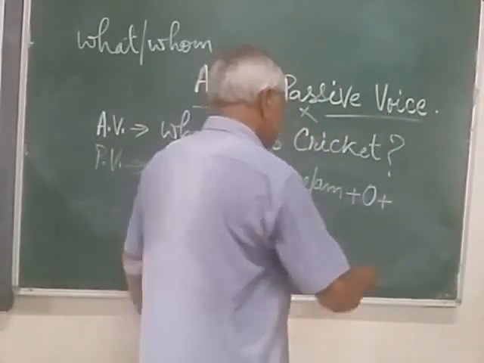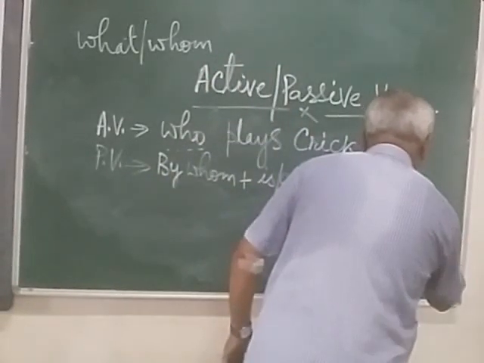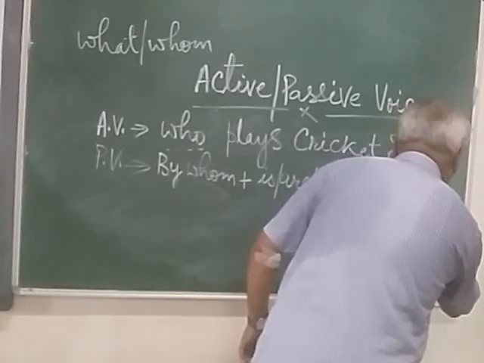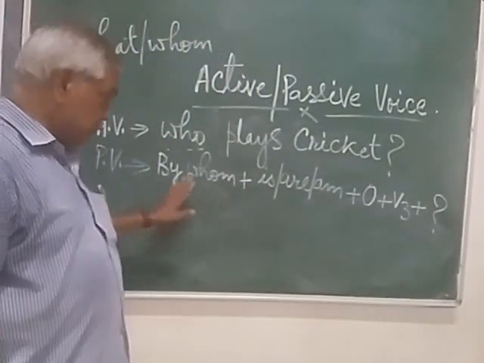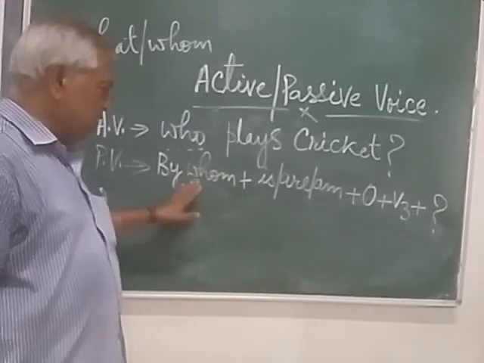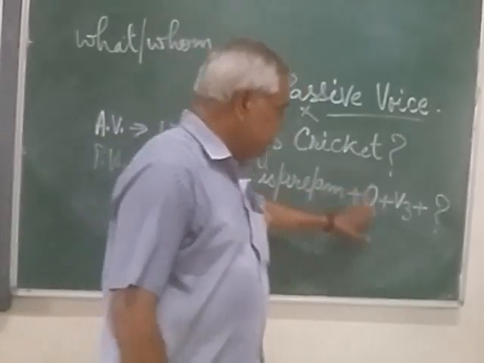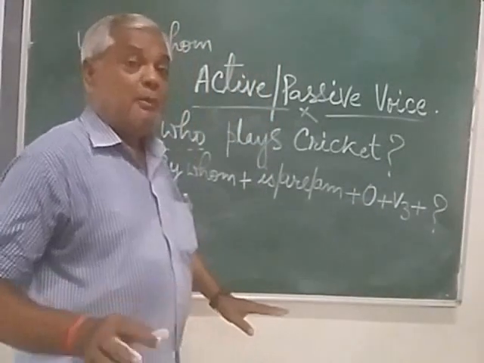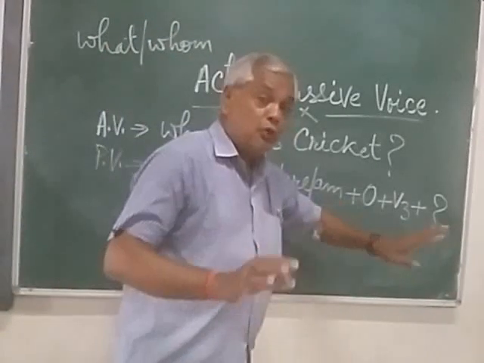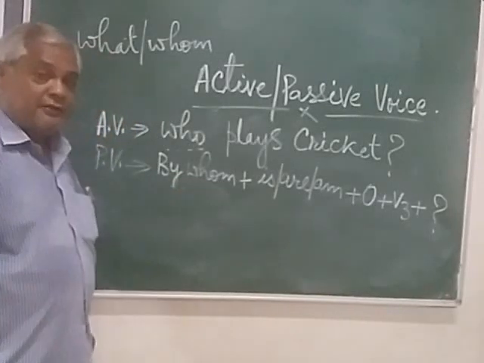And then after that, V3. And at last, the question mark. By whom: this word you have to use first. Then is, are, am. Then object. Then at the last, V3. Here, at the last, you must not use by, because you have already applied the word by over here, first of all.